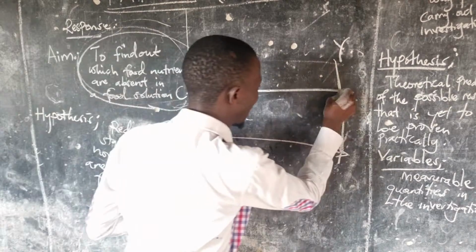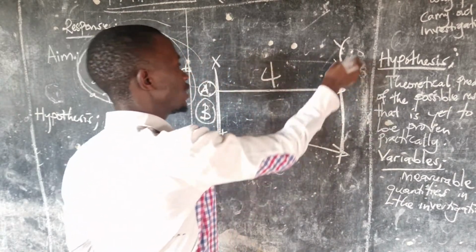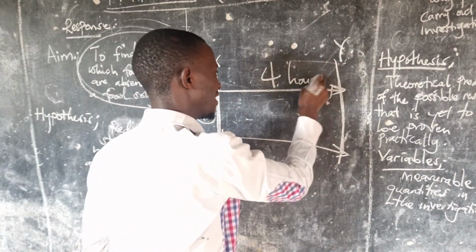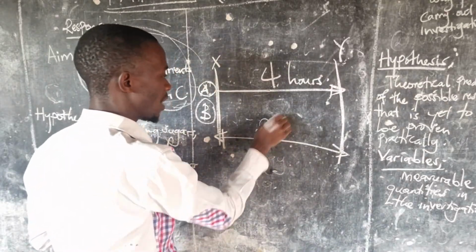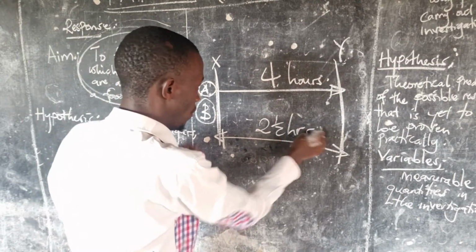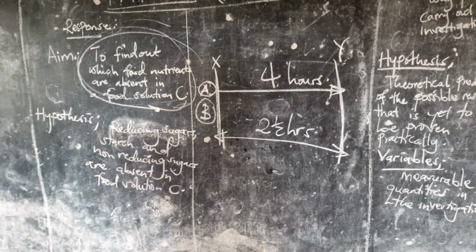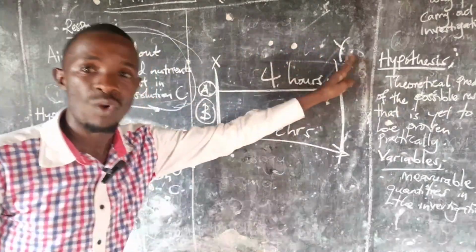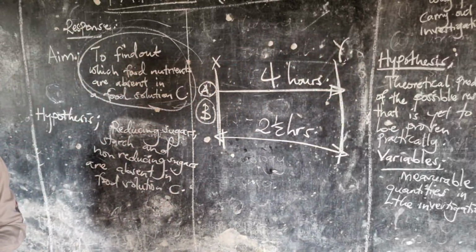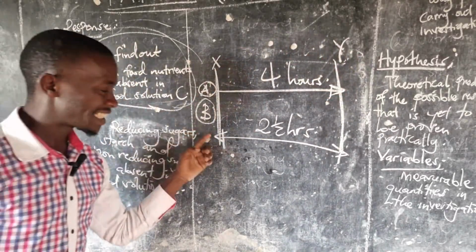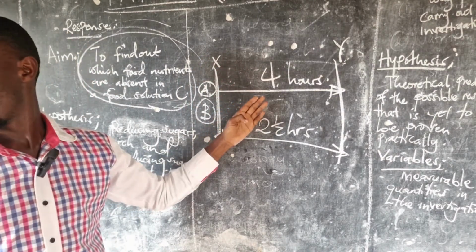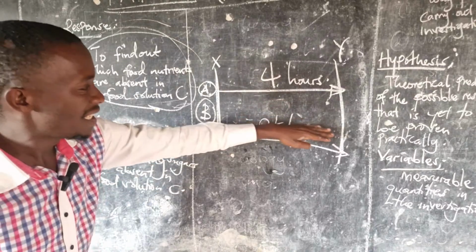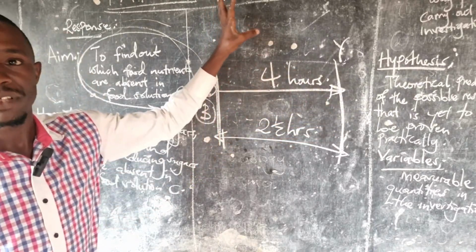If person A takes 4 hours to get to point Y, and person B takes 2.5 hours, it means that person B is faster than person A.